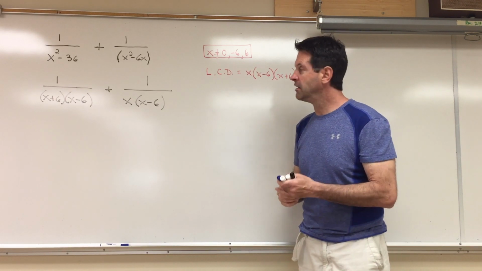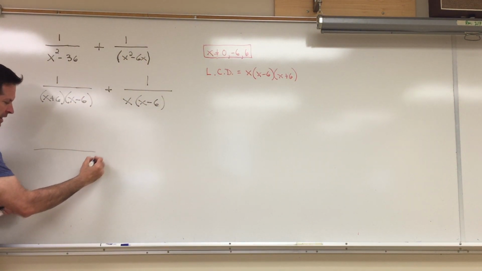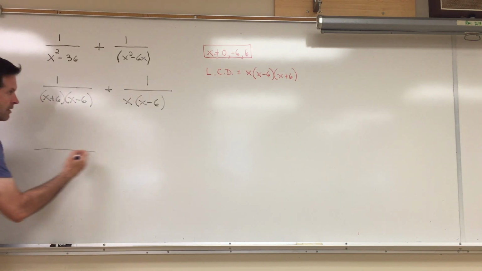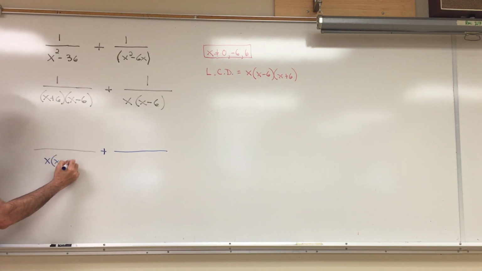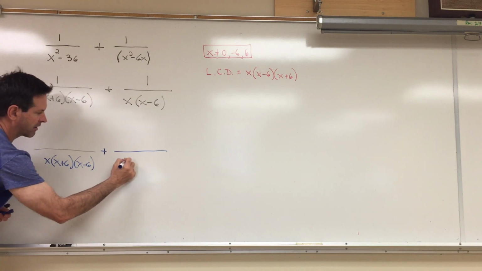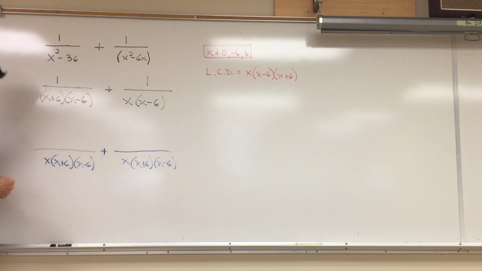So we're going to rewrite each of these expressions as equivalent expressions, but to have the LCD, x times x plus 6 times x minus 6, in the denominator. Well, what's missing from this denominator that we have down here? There's a 1 in the top of both of them. We're missing an x, so it's like we multiplied top and bottom by x here. 1 times x is just x.